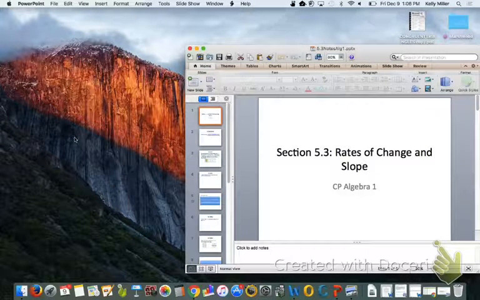So your rate of change is, for every pound, it's changing by $1.49. That would be a good way to describe it. Did everybody get that? For number 1 on the front. So for every pound, the cost changes by $1.49, or increases by $1.49.